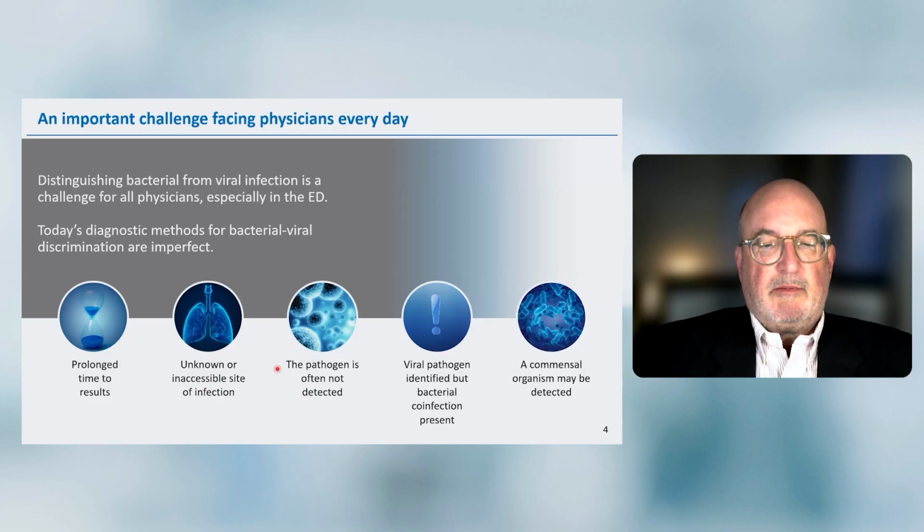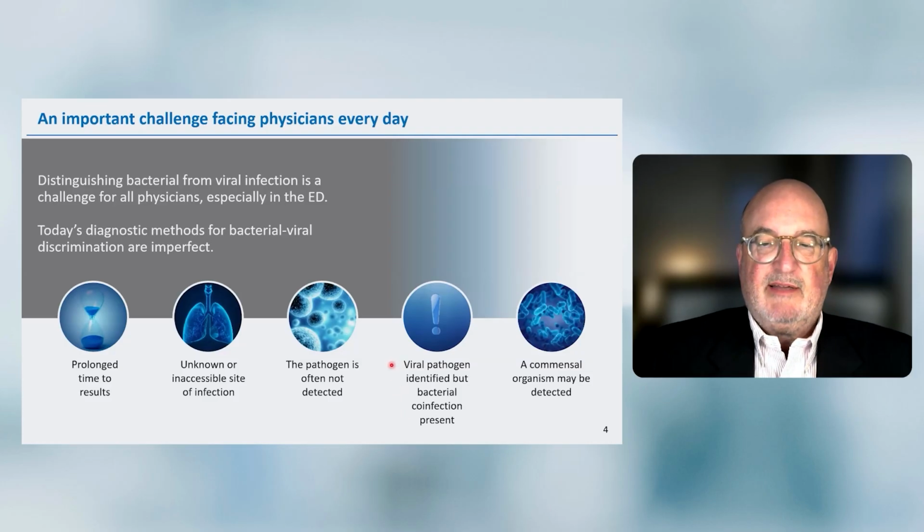A big problem that everyone's aware of is that the pathogen is often not detected, especially with the low sensitivity of blood culture, which is the gold standard for bacterial diagnosis and pathogen identification. Sometimes the rapid test will identify a viral pathogen, but there may be a bacterial co-infection present.